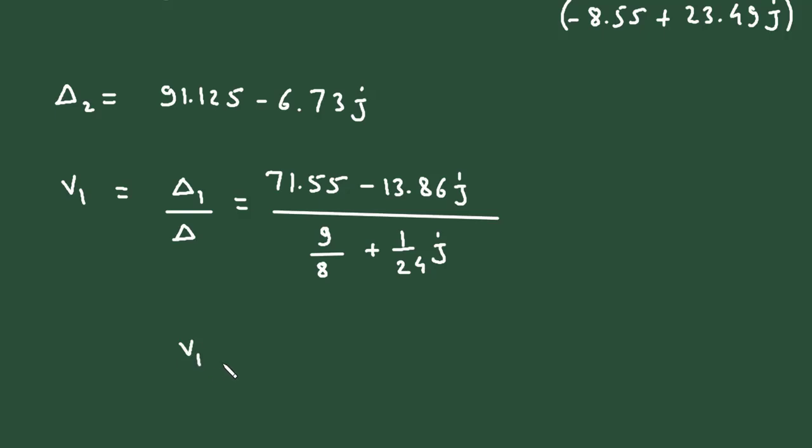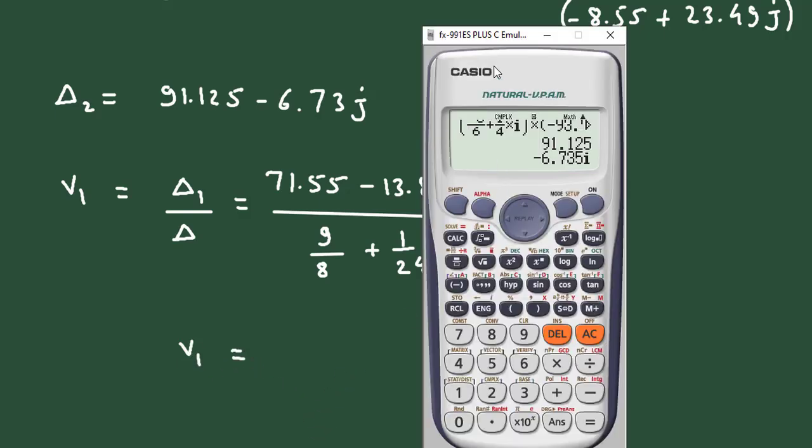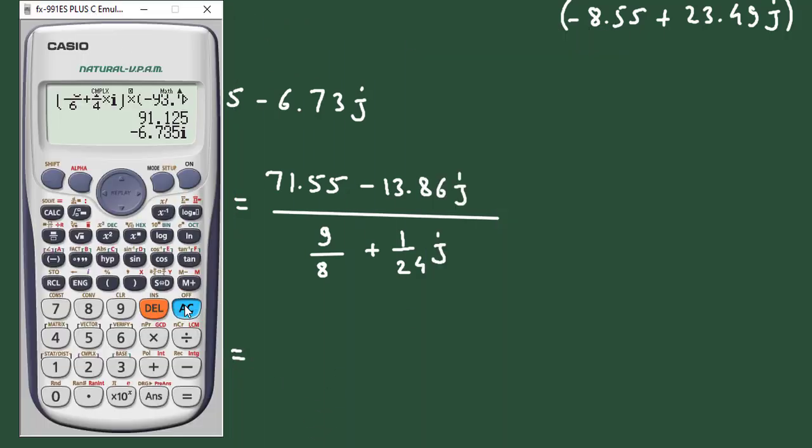So V1 is equal to 71.55 minus 13.86 into j divided by 9 by 8 plus 1 upon 24 into j.